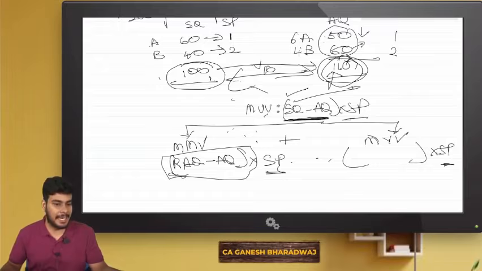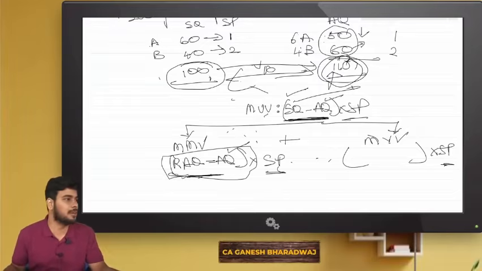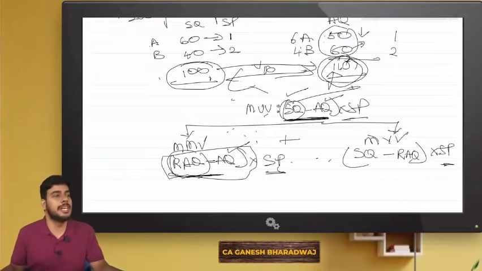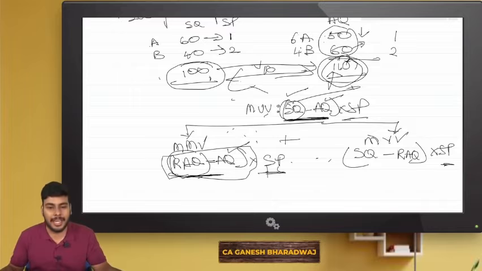I currently have RAQ minus AQ, so this minus AQ I have already got. What I need to do is get SQ, and for that I need to remove RAQ. So this is nothing but a balancing figure: standard quantity minus revised actual quantity into standard price. If you add the two, these two get knocked off and finally you get standard quantity minus actual quantity into standard price. Correct or not?